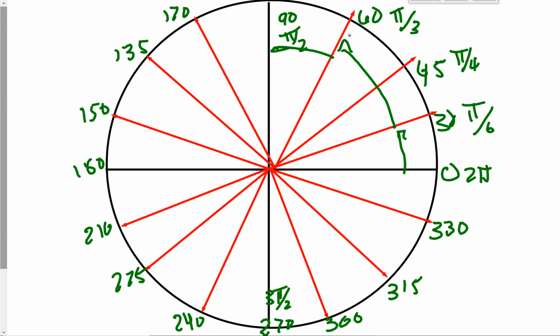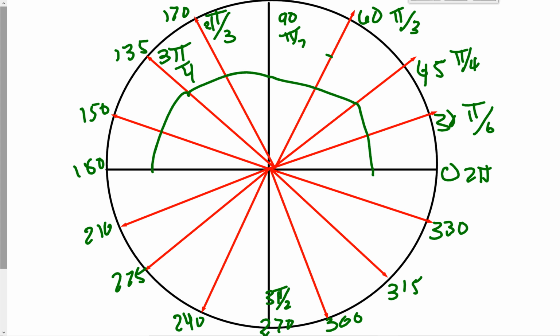So 3 pi sixths is the same as pi halves, and you can just count by thirds or by sixths, and then reduce your fractions. So this is 2 pi thirds. This is 3 pi fourths. I'm counting by fourths: 1/4, 2/4, 3/4, 4/4, which is just pi.